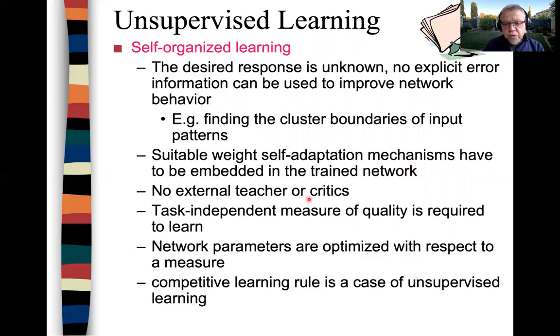You don't have any external teacher or critic to tell you whether you're doing it right or wrong. A task-independent measure of quality is required to learn, and the network parameters are optimized with respect to that measure. We're going to see that one of the paradigms, the competitive learning rule, is a case of unsupervised learning.